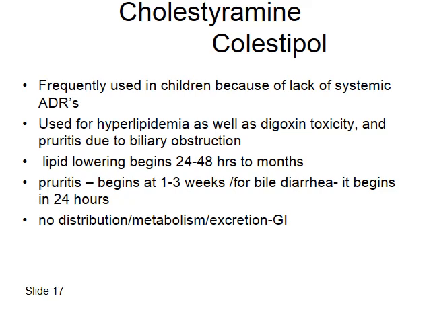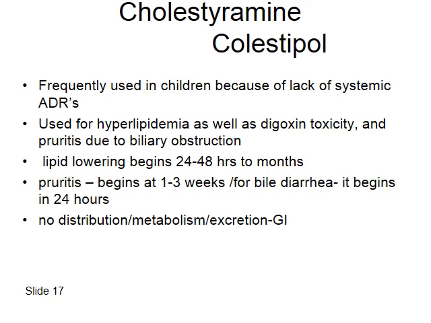So the bile acid resins are those which will generally be used in children with hypercholesterolemia because of their lack of systemic adverse reactions. Again, safety has not been established in children under the age of 10, but in children with high cholesterol, and this will tend to be those with genetic predisposition, these bile acid binding resins are efficacious.